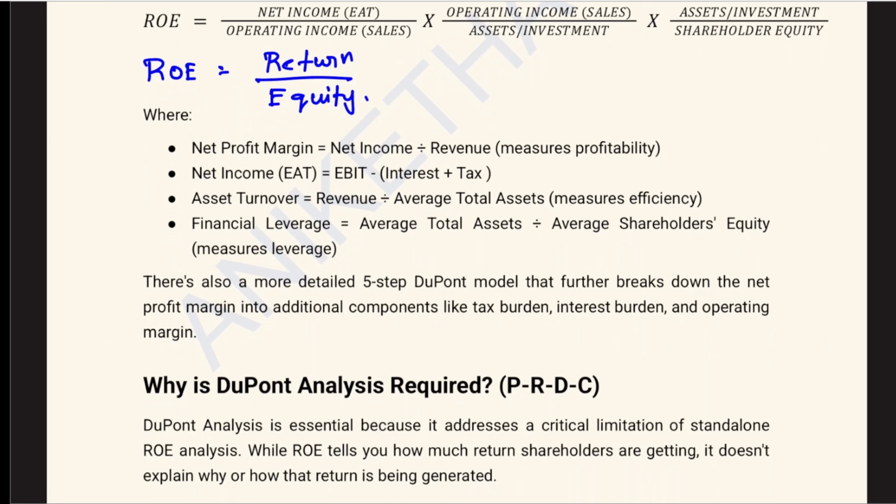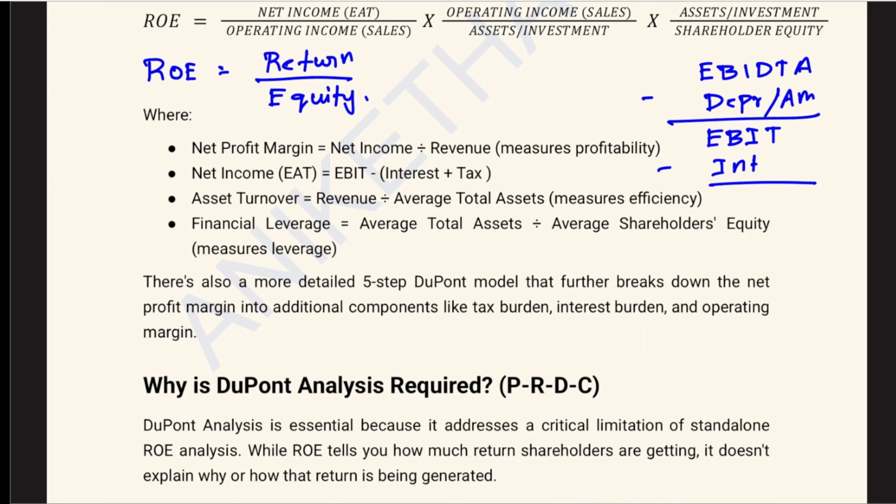From that you subtract depreciation and amortization. Then you will get EBIT. Then you subtract interest. Why do I subtract interest?